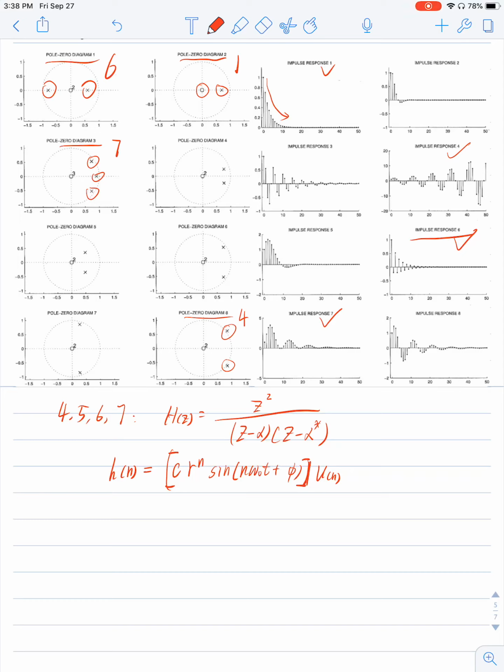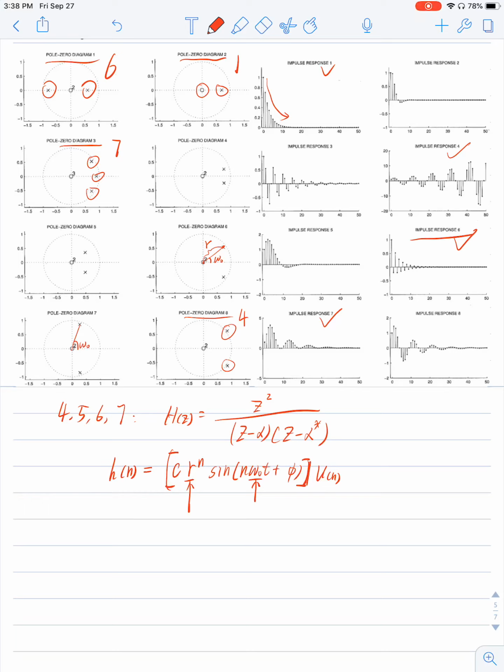There are two parameters that we should pay attention to. One is r, one is omega 0. r means the distance between the poles and the origin, and omega 0 means the angle. Take this as an example.